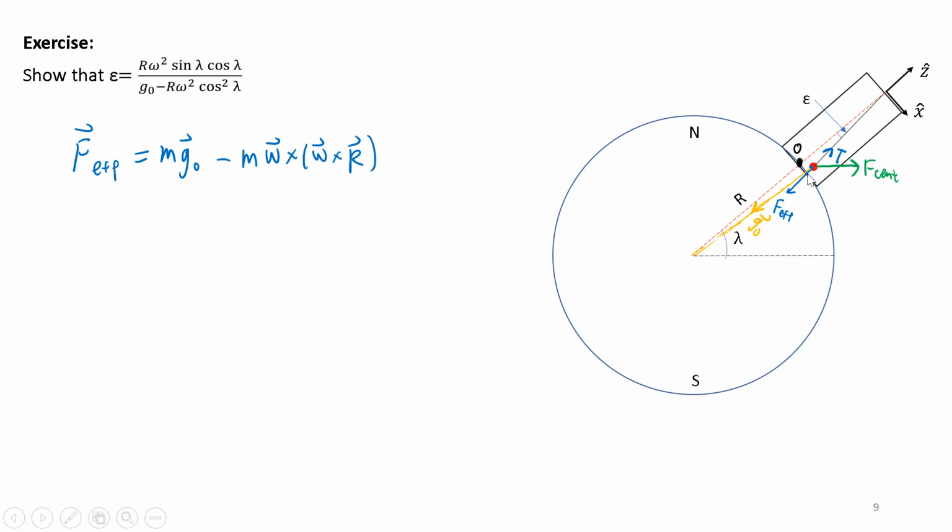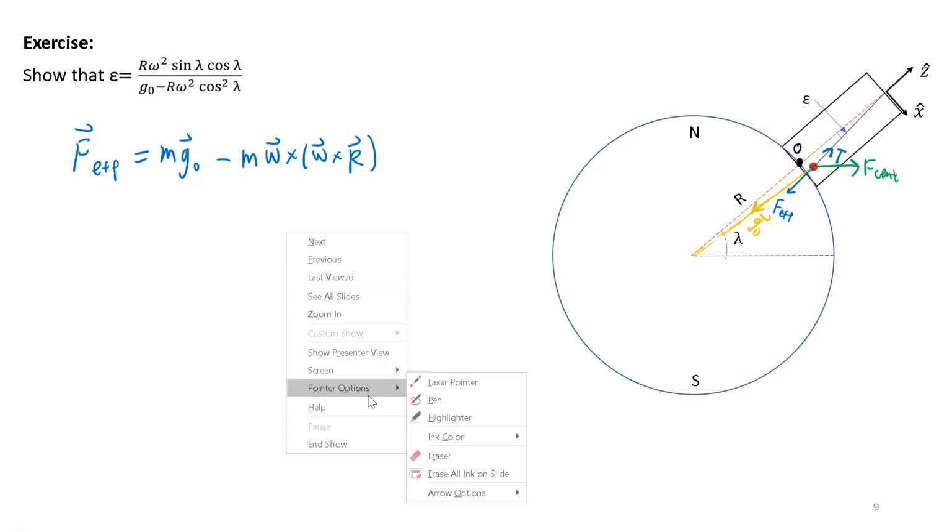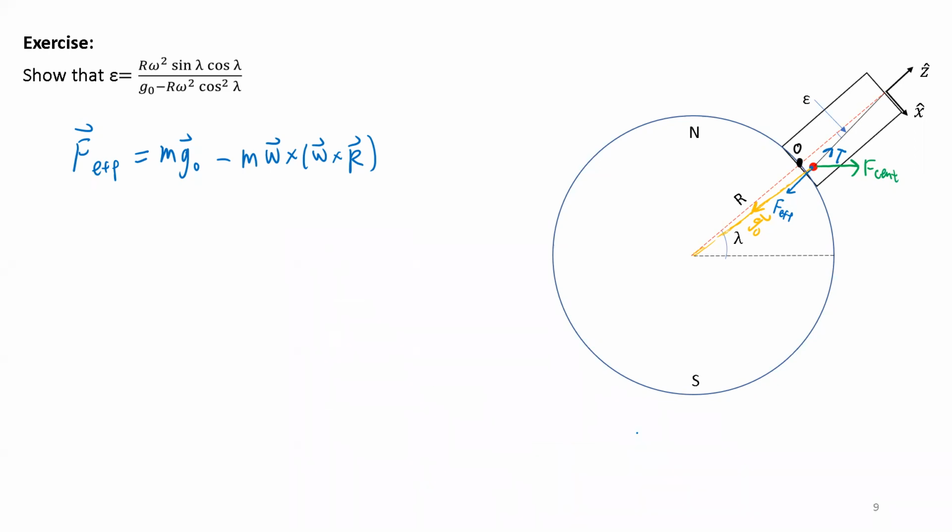But here I will make an approximation, just saying that g naught is roughly parallel to the z hat. So the first term is just minus mg naught z hat. An approximation is made here.